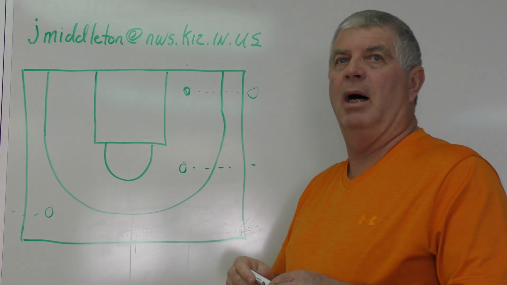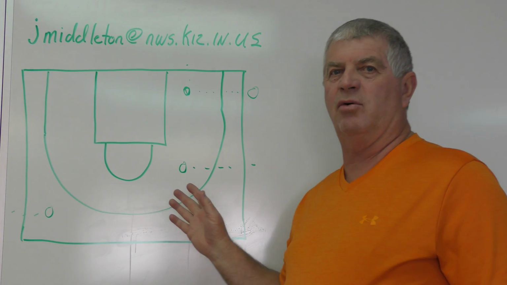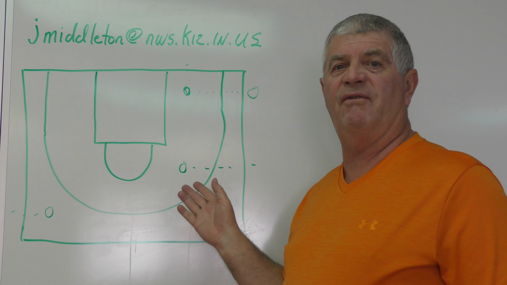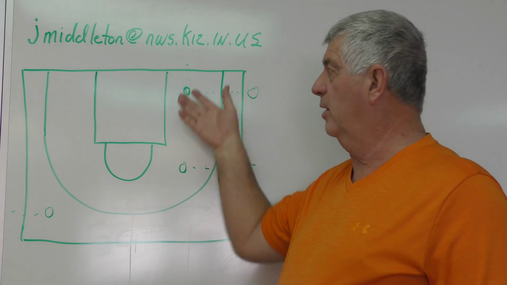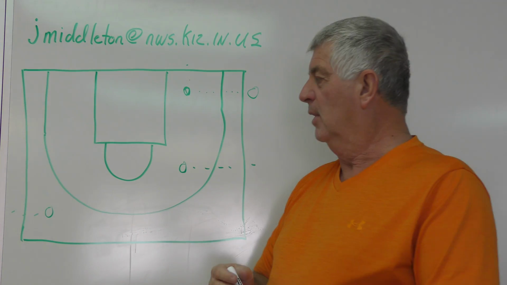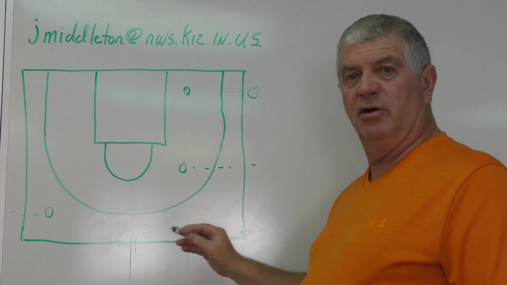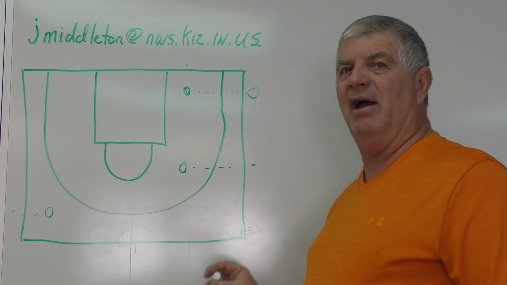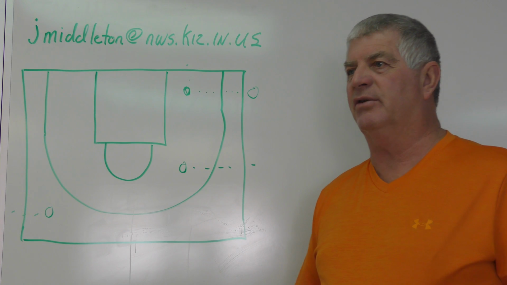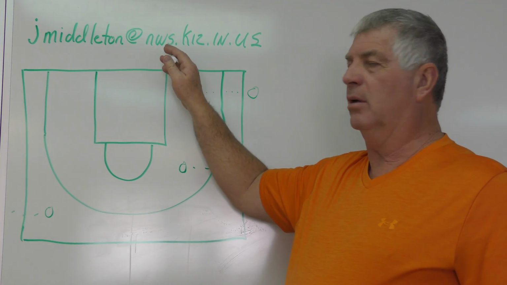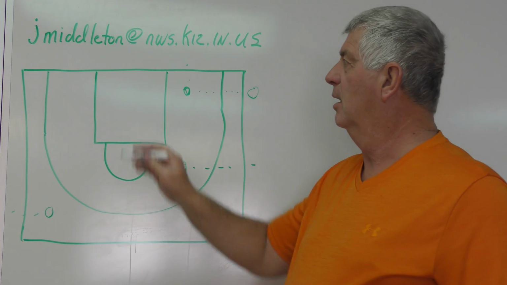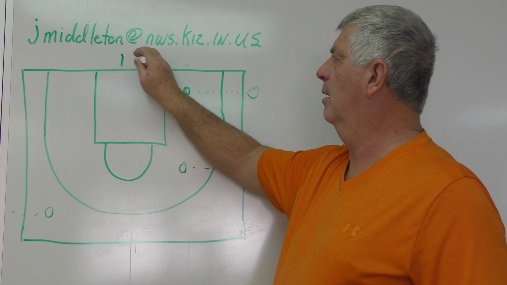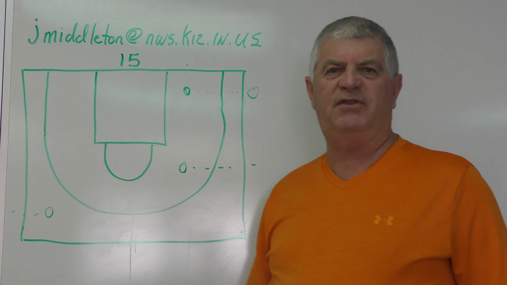Now, let's talk about the backcourt real quick. The offense calls a timeout in the backcourt after the ball's been put in play. It's still going to go to the nearest sideline. However, the kicker to this is our magic number on the shot clock is still going to be 15.